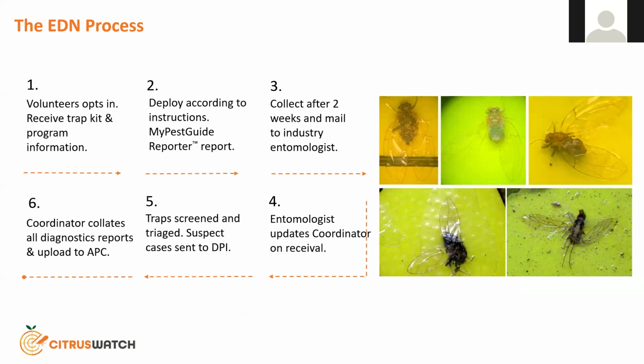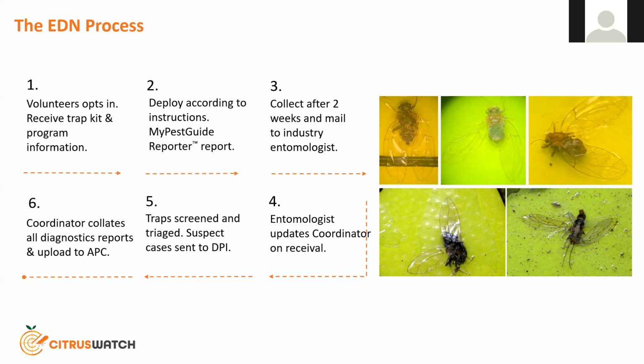So the early detector network process, just a brief overview here. When you opt in, which hopefully if you've come across this video you already have, but if you have not, you're more than welcome to check us out on our website. The links will be at the end of this video, and you can register to join in. Once you've opted in, you'll receive a trap kit and information about the program.